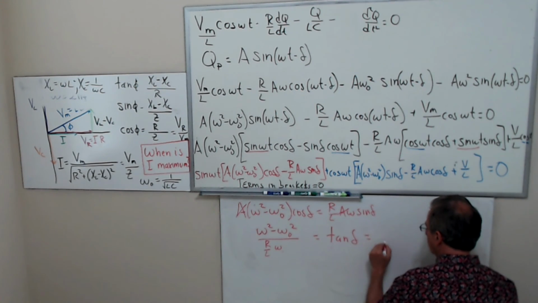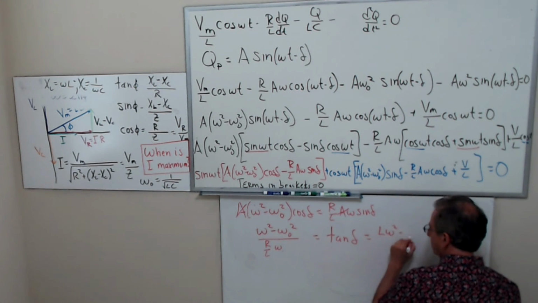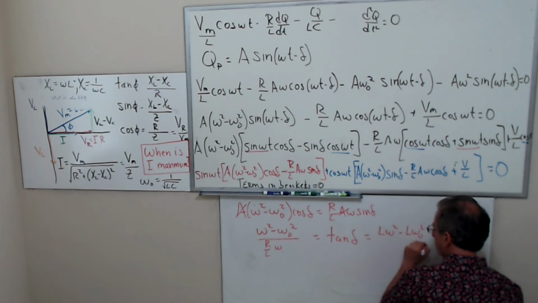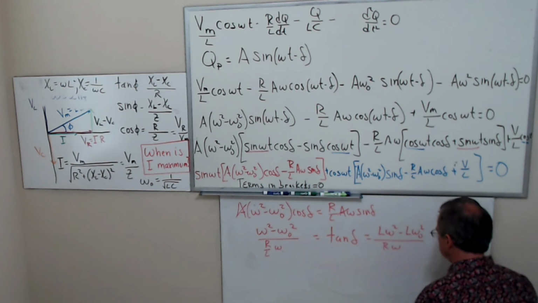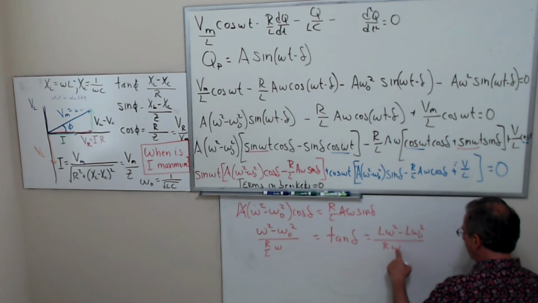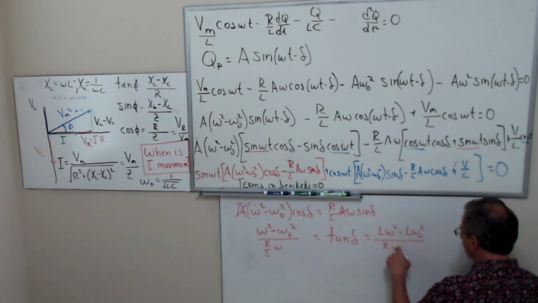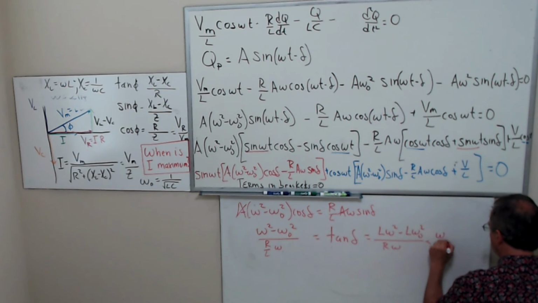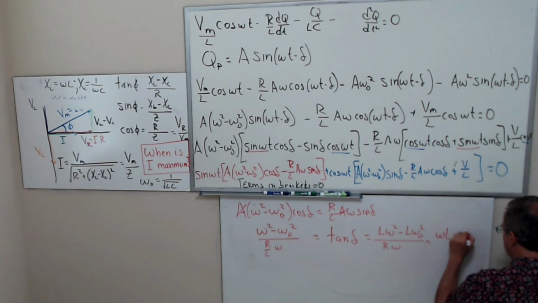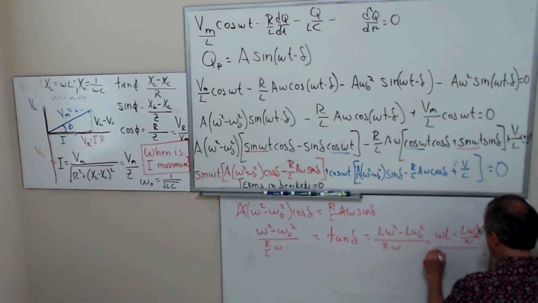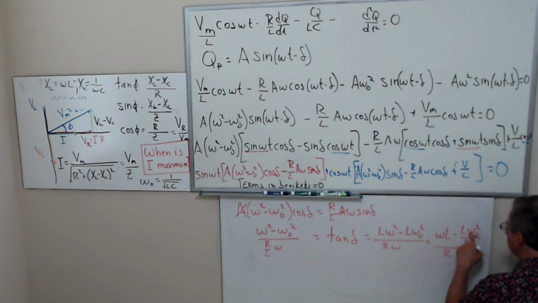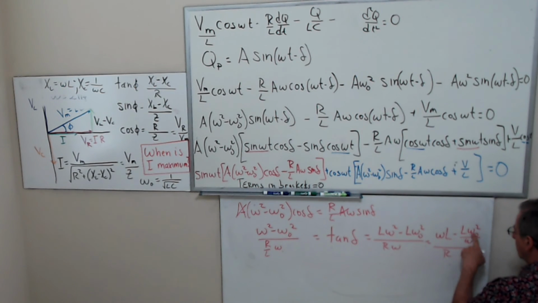But if I bring this upstairs, and then I cancel out one of the omegas, what's omega naught again?